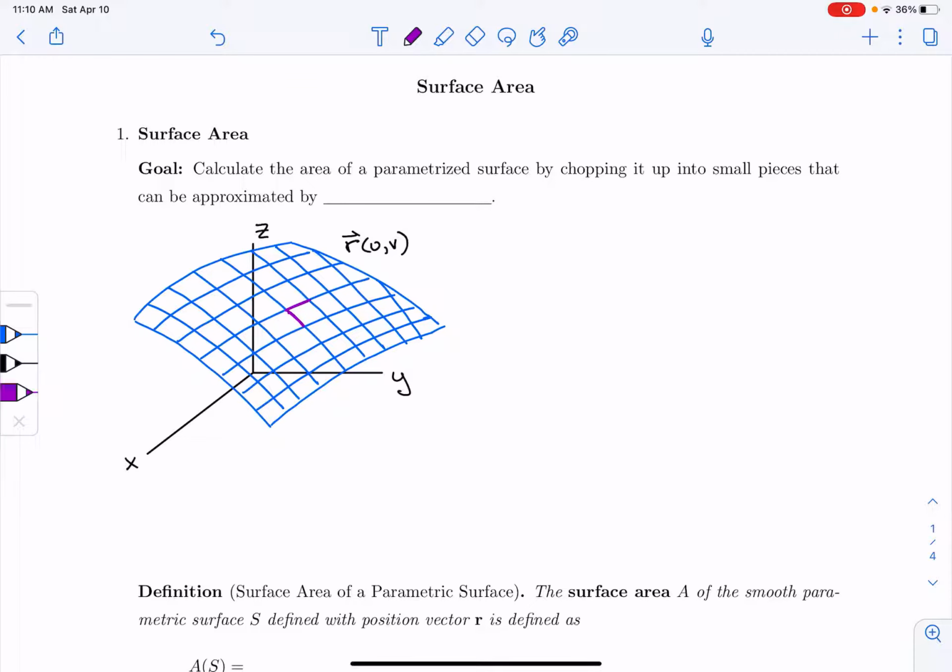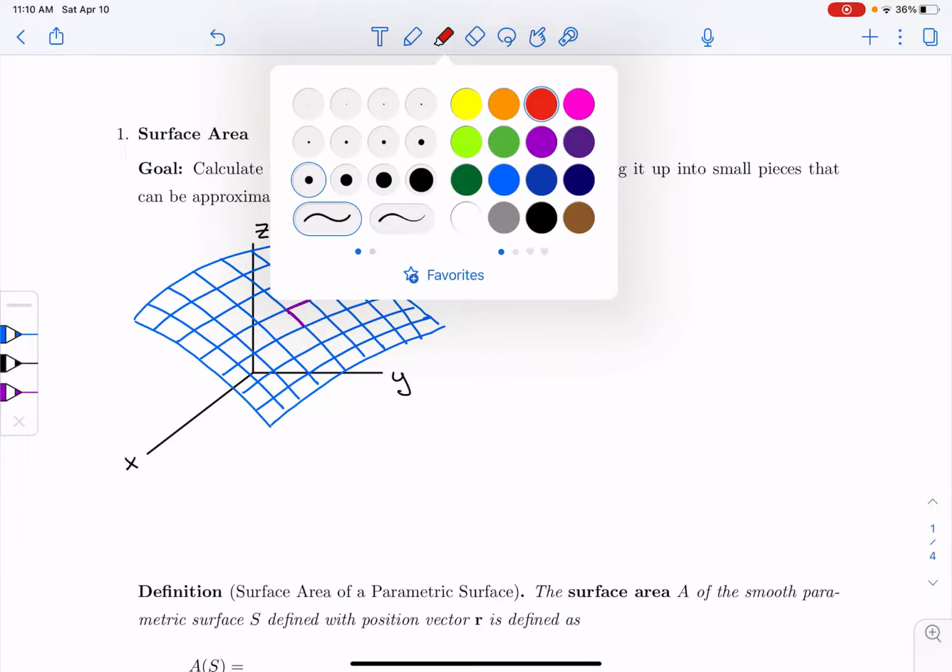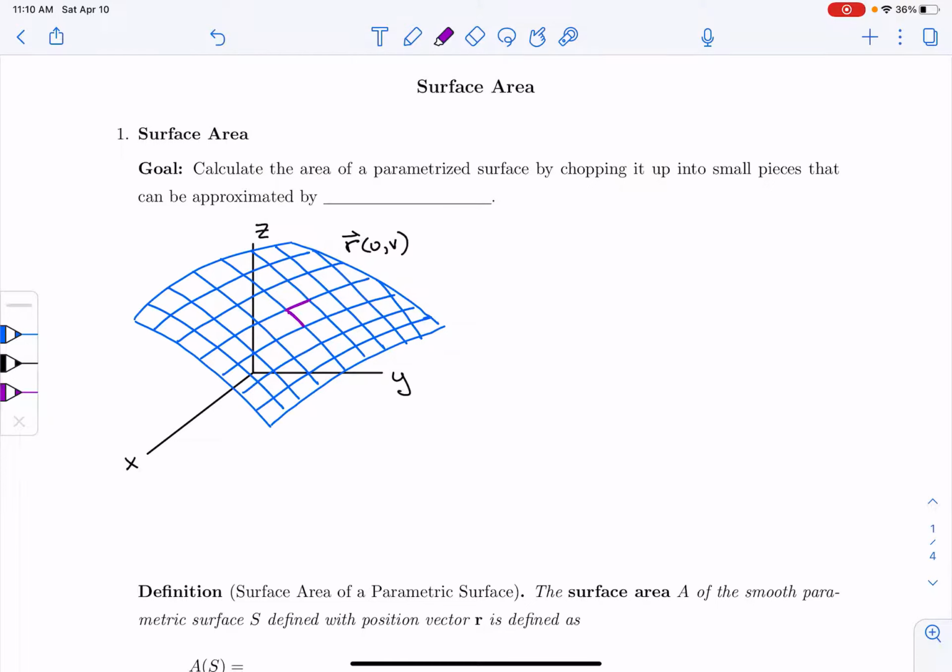And so maybe we could approximate the area of the surface on this small patch by finding the area of the parallelogram that approximates that area.